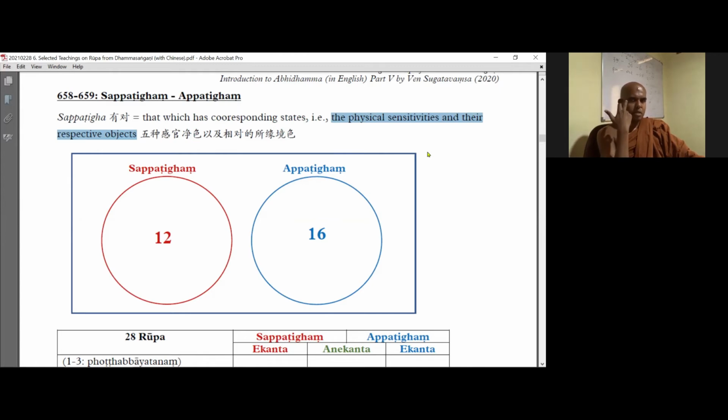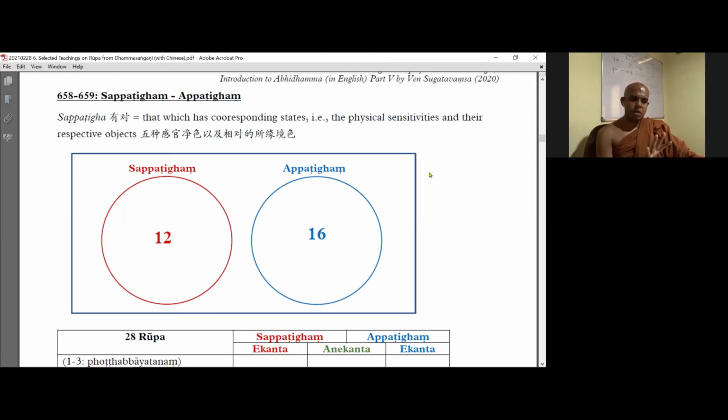The eye base and color, the two. In the same way, sound impinges the ear base, smell impinges the nose base, and taste impinges the tongue base. And Pathavi, Tejo, Vayo, the three Mahabhuta, three essential rupa, are called the tangible object. The tangible object impinges our body.